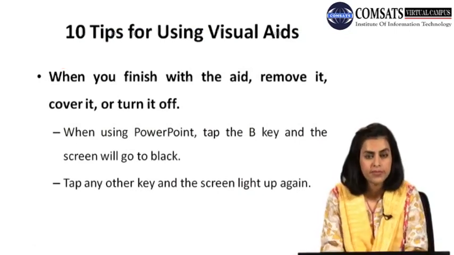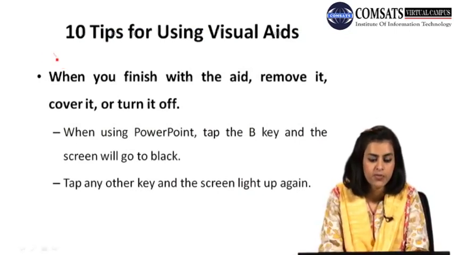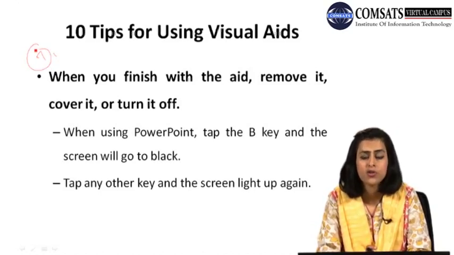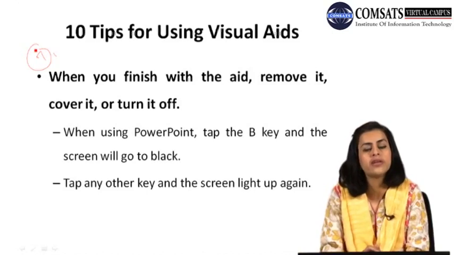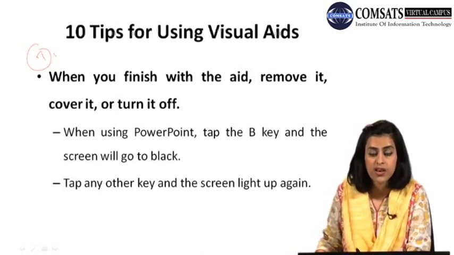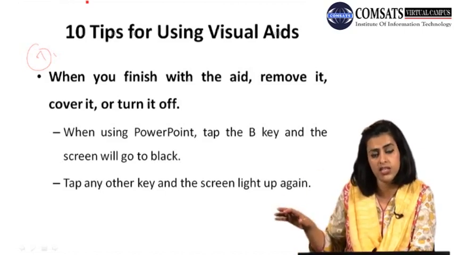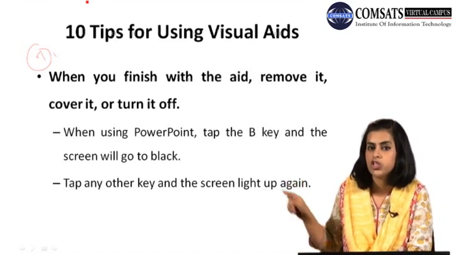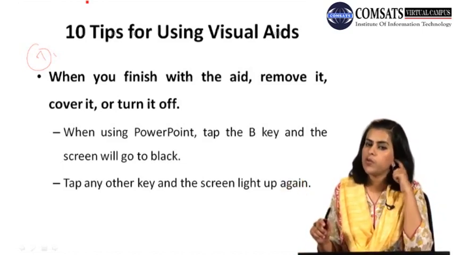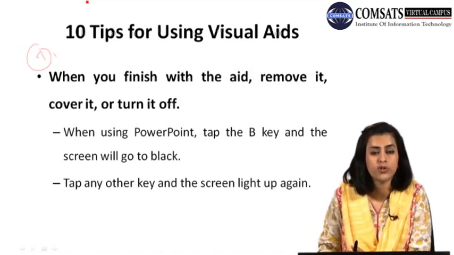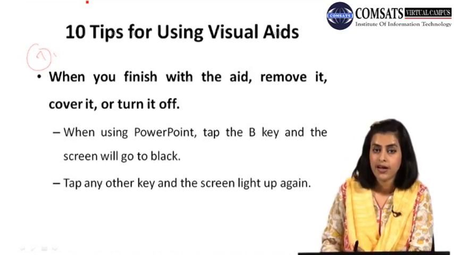Now the next point, tip number 7, is that when you are finished with the aid, remove it, cover it, or turn it off. Now that I have shown you the product, what I would do is remove it from the screen so that you cannot see it, either cover it with any sheet, or in case you are showing a picture to your audience on the PowerPoint screen, you may turn it off. For turning it off, you press the B key on your keyboard.